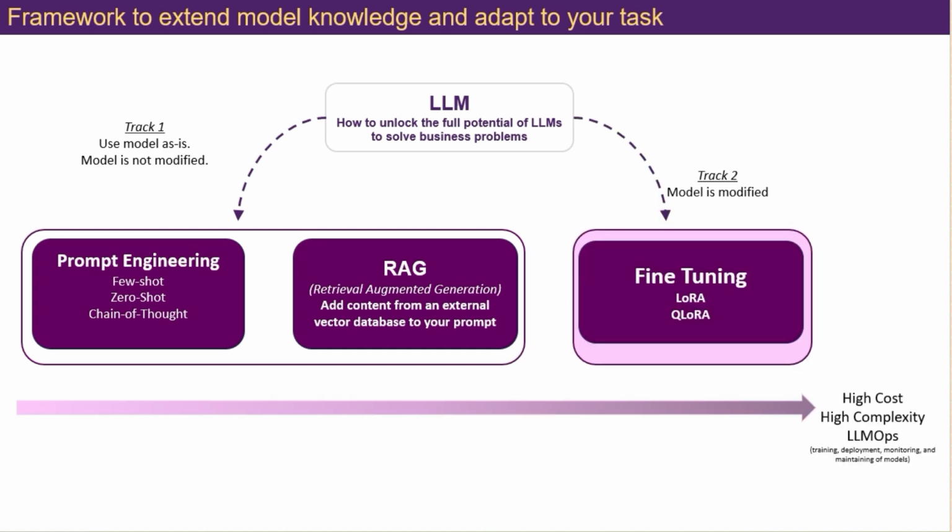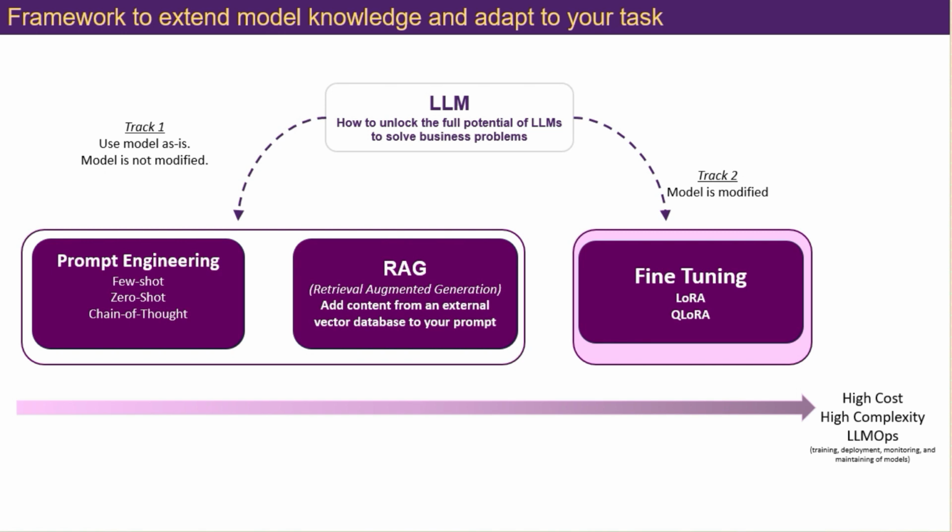Okay, track 2 is fine tuning. All right, so here the model is modified and I'm going to talk about techniques, but essentially what you're doing is you are taking a base model, you are training it using fine tuning techniques on your own data, and then you're going to use it.